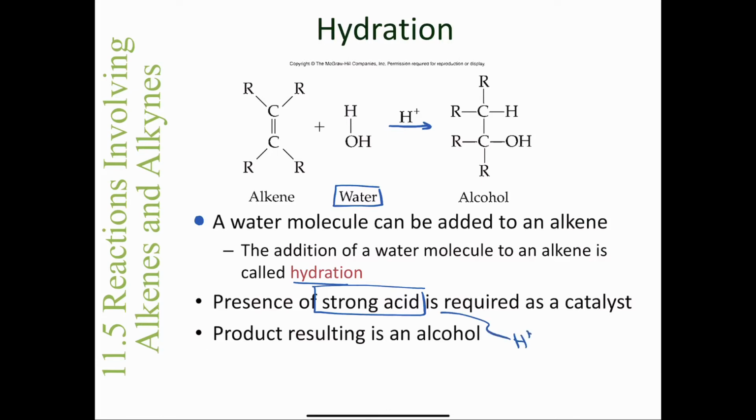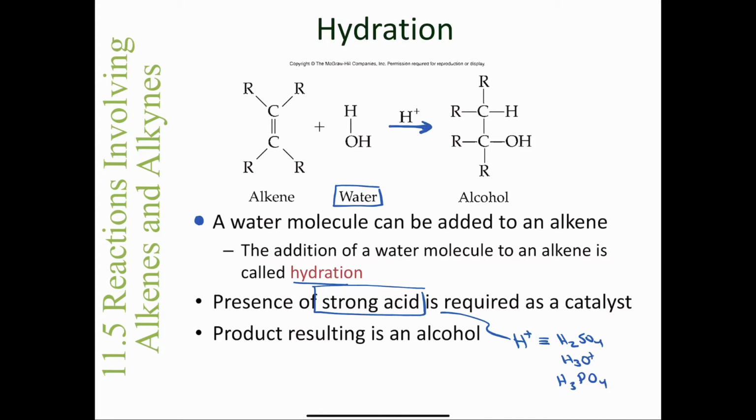And what that means is that H+ could mean sulfuric acid, it could represent hydronium, and it could represent phosphoric acid, as we said earlier. It could also be other acids. And what's the definition of an acid? An acid is a proton donor, and that's why it's okay to just write H+ above our reaction arrow.